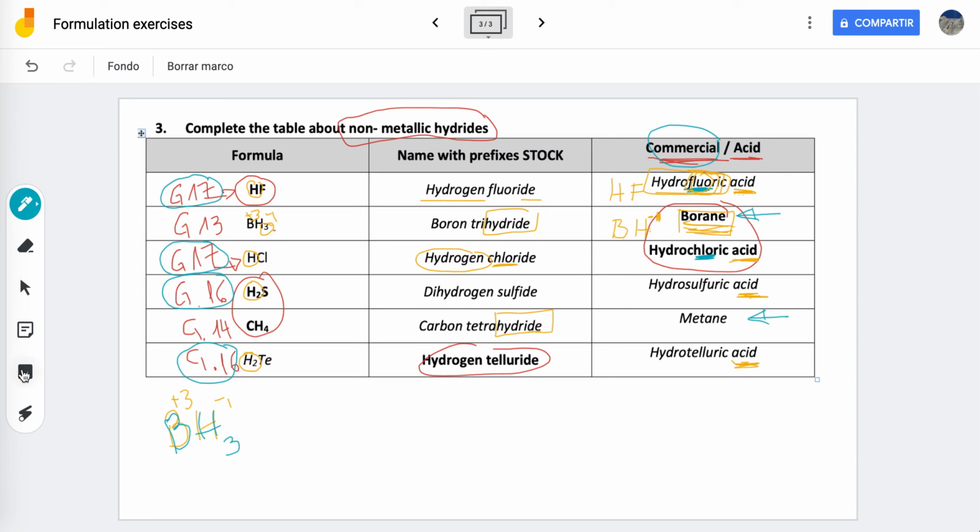Good. Let's check the next exercise, boron 3 hydride, yeah. Next, they tell me that it's an acid, so first of all will be the H, and then the chlorine, yes, hydrochloric acid.